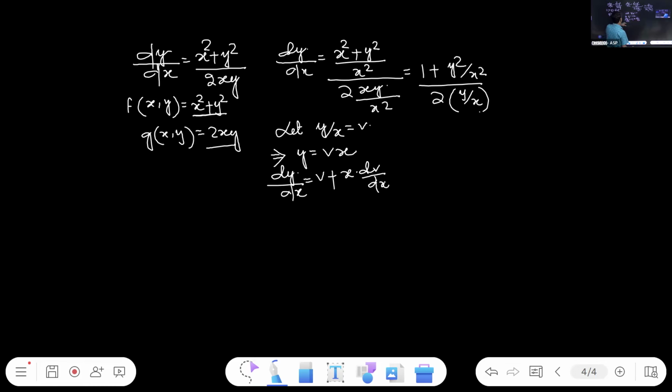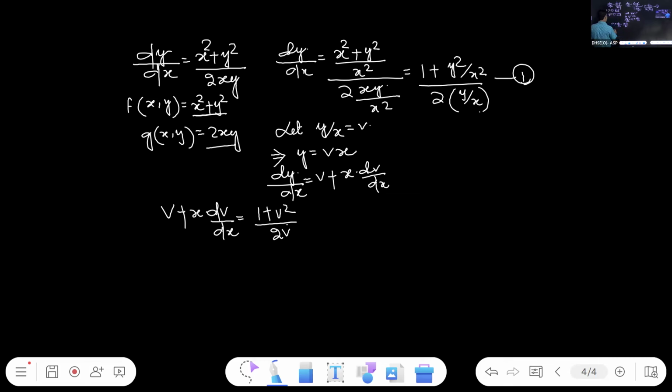Now substitute dy upon dx is equal to b plus x db upon dx and y by x is equal to b in equation 1. Now the equation reduces to b plus x db upon dx equals 1 plus b square upon 2b.